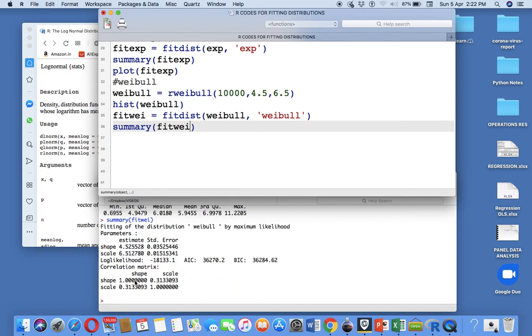So the estimates are 4.5 and 6.5. So it's fairly close. You get the distribution, and now we just plot it.